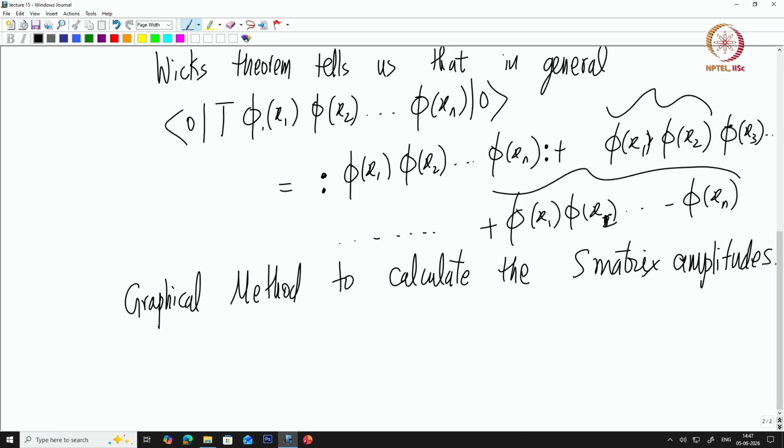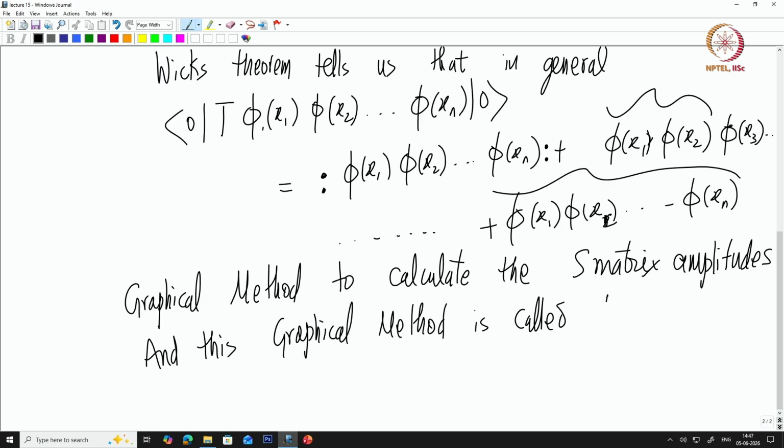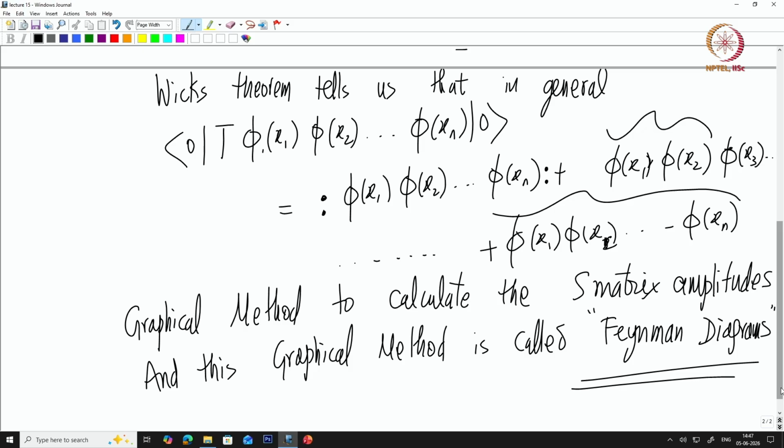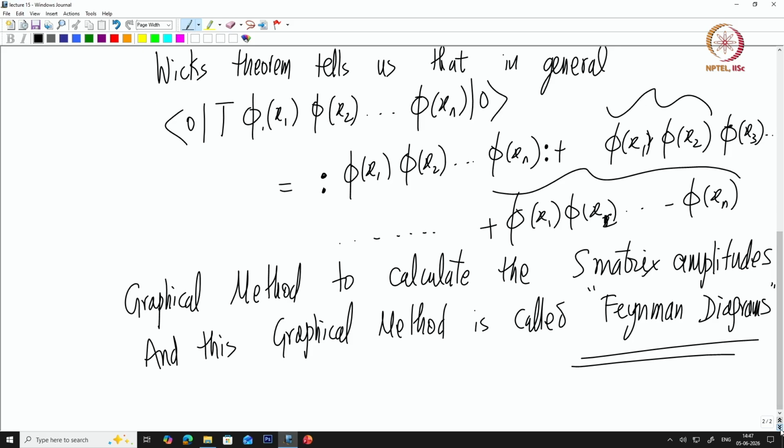And this graphical method is called using Feynman diagrams. Okay. Now, I will come back to these contractions and everything. So, you get this picture.